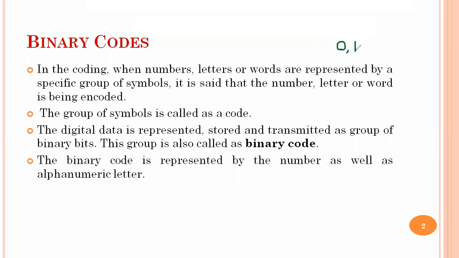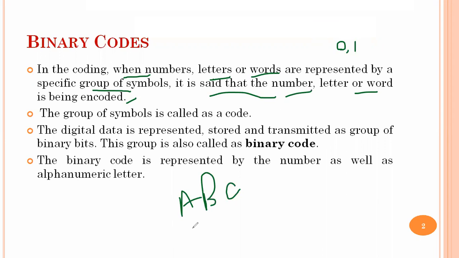0, comma 1. So in coding, when numbers, letters, or words are represented by a specific group of symbols, it is said that the number, letter, or word is being encoded. Now suppose we have a letter or word ABC and we write it down like comma, straight bar, and then forward slash bar.